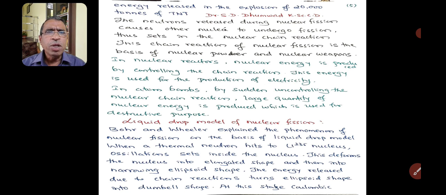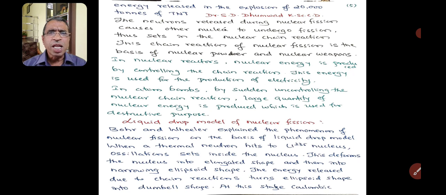When a thermal neutron hits a uranium-235 nucleus, the nucleus oscillates. This deforms the nucleus into an elongated shape and then into a narrowing ellipsoid shape.